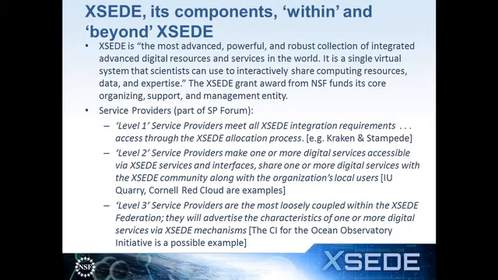And so XSEDE has this idea of these service providers. The level 1 service providers are the funded centers that run your big systems. And as it goes down from level 1, level 2, level 3, you get broader and broader interpretation of XSEDE standards.